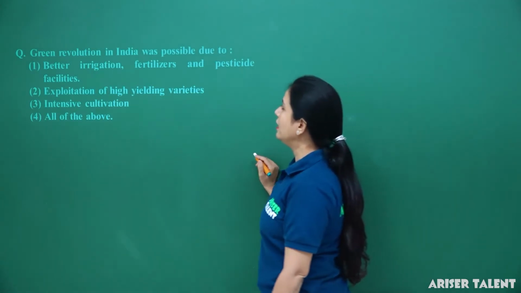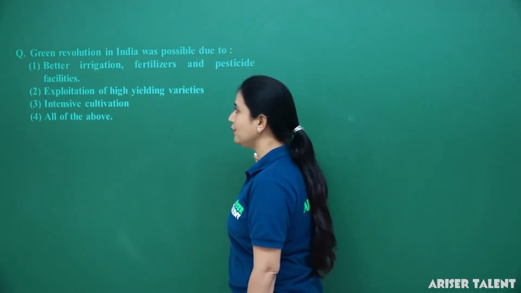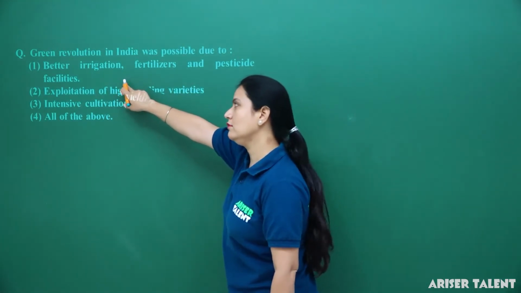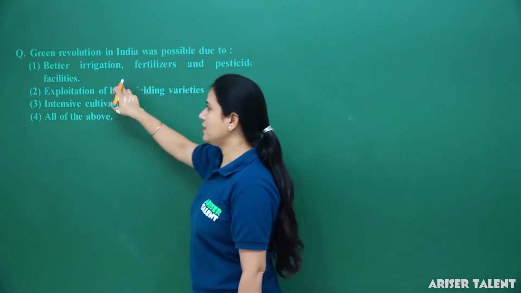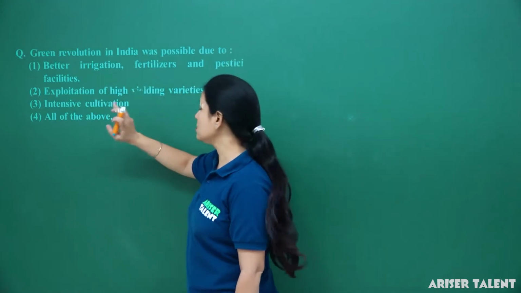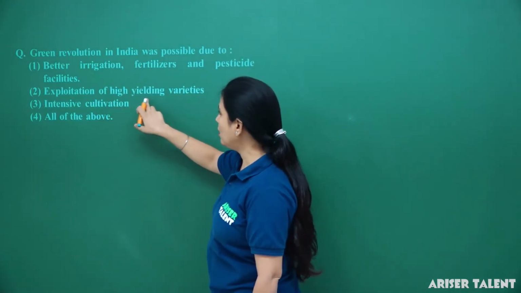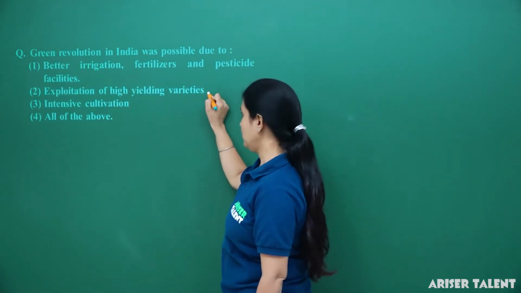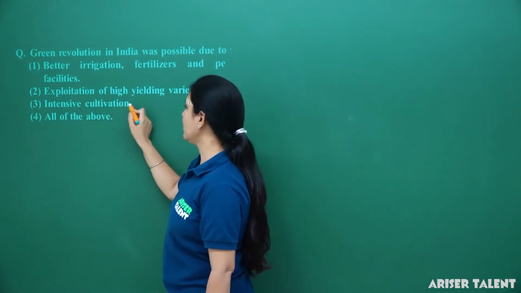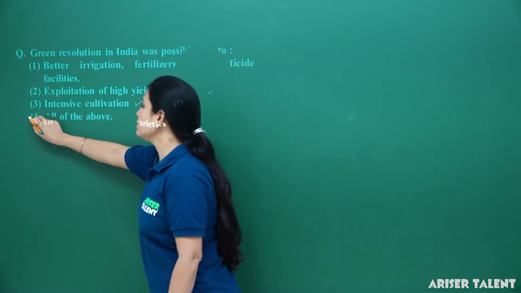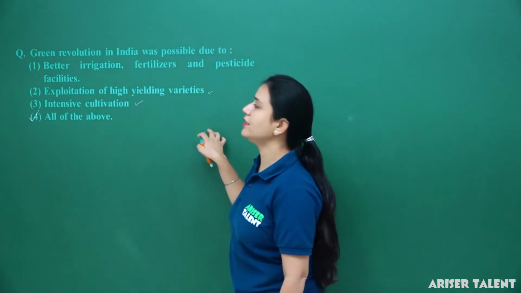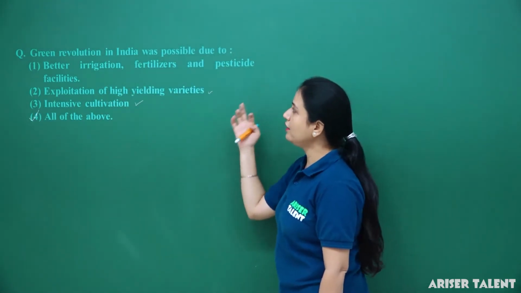Green revolution in India was possible due to better irrigation, yes, fertilizers, yes, and pesticide facilities. Yes, we have all these options. Exploitation of high yielding varieties, it's also true. Intensive cultivation, yes, it's also true. So option 4, all of these statements, are true for the green revolution.